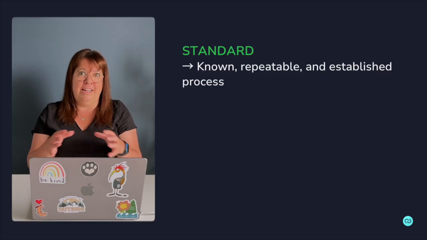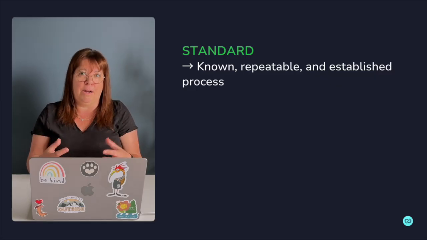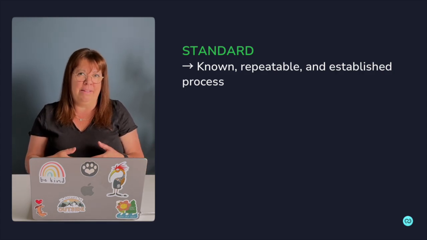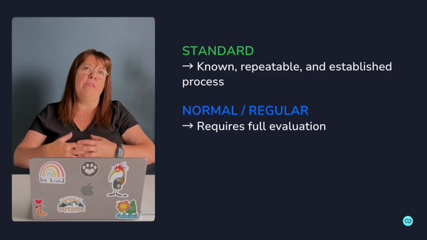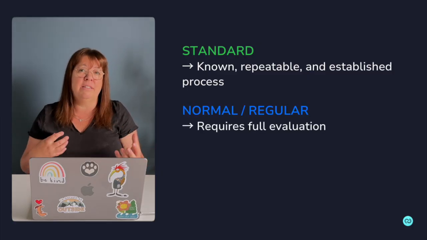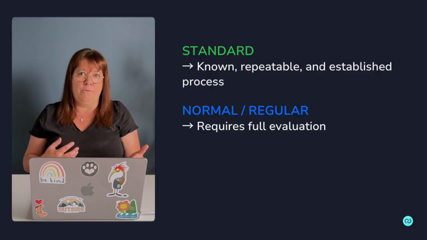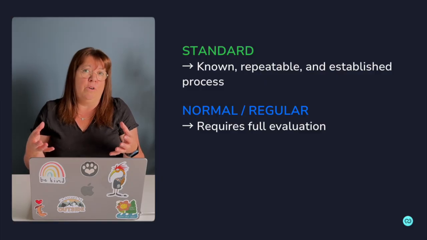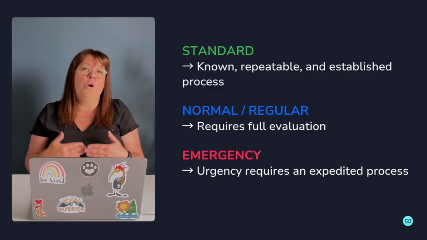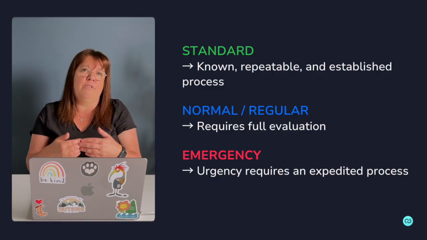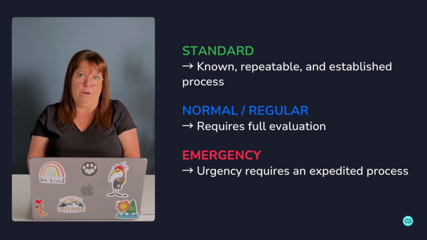You're looking at whether it is a standard, defined, repeatable process that follows the exact same parameters every time and has been approved in your organization as something that can go through as a standard change, whether it is something that may have multiple teams involved and slight nuances attached to it, or something that hasn't been done before and needs a broader set of evaluators and approvers so that it goes through as a normal change, or whether it is to prevent imminent harm and immediately restore service for something that has been disrupted and needs to follow an emergency change path.